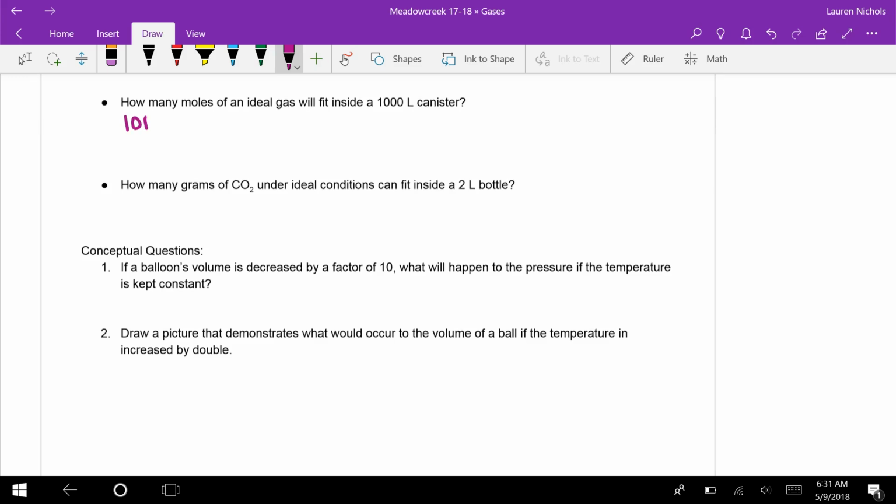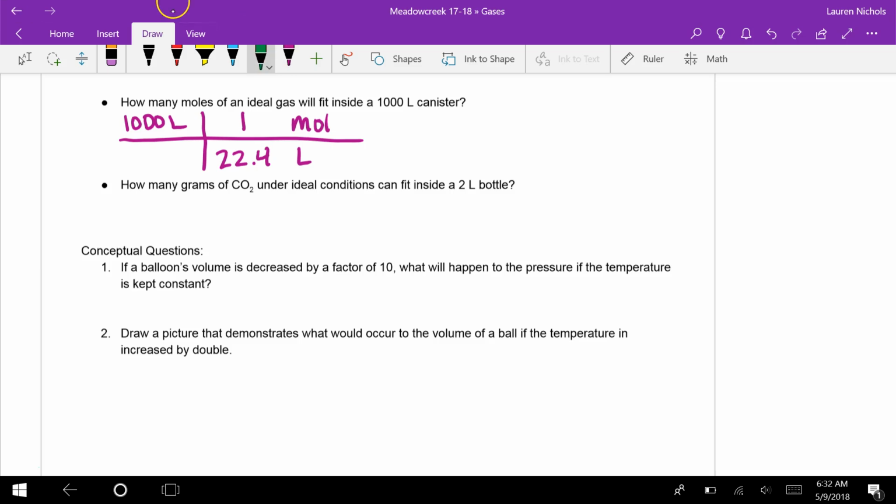So 1,000 liters is our given. And because we start with liters, we put liters on the bottom. And on our mole map, liters is only connected to moles, which is good because that's what we want to change into anyway. And our mole map tells us that 22.4 liters is equal to 1 mole. But we don't have just 22.4 liters, we have 1,000.